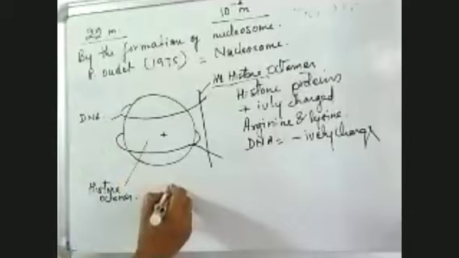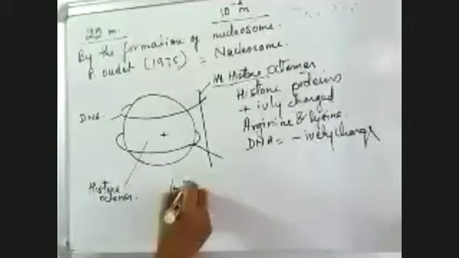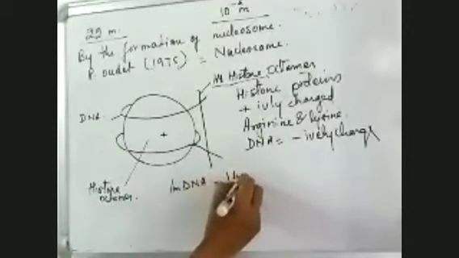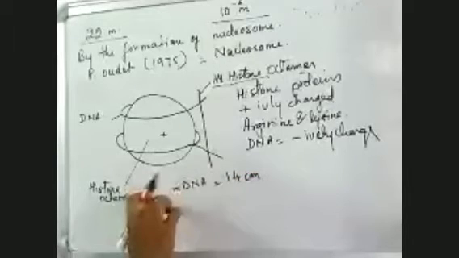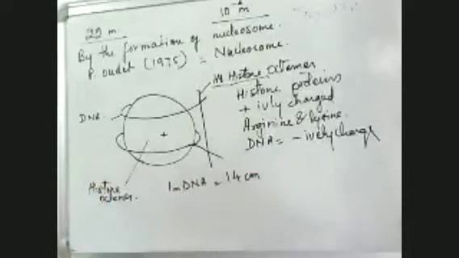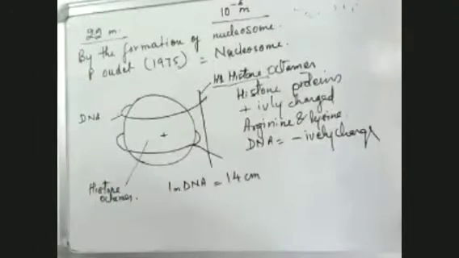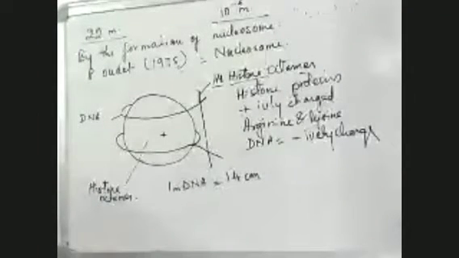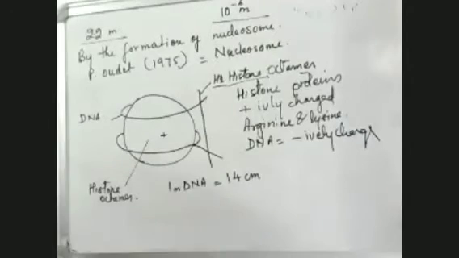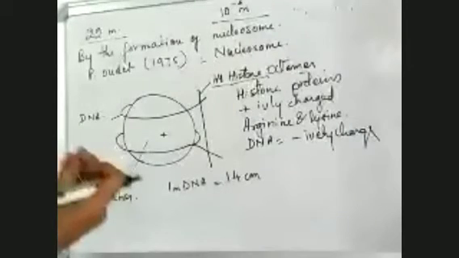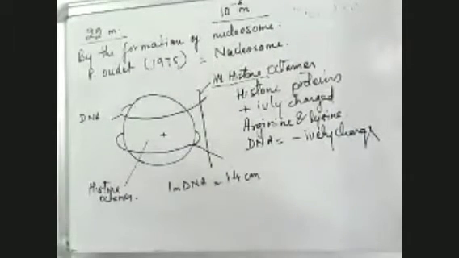By formation of nucleosome, 1 meter of DNA remains only 14 centimeters. That means there is a 7-fold decrease in length.